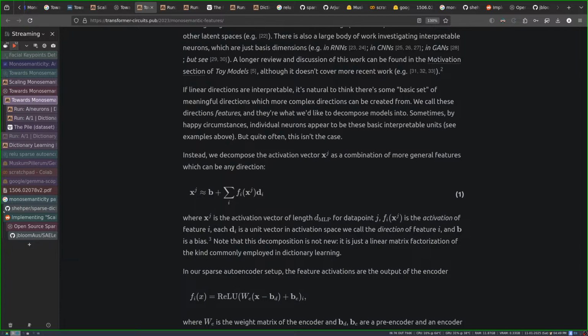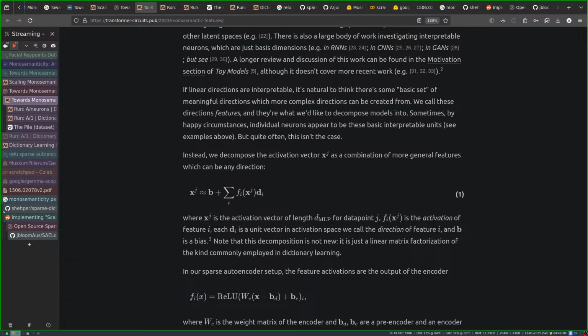Sometimes by happy circumstances, individual neurons appear to be the basic interpretable units. Quite often, it's not the case. So we don't care about making individual neurons interpretable.